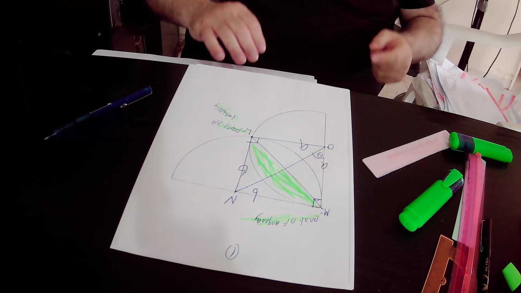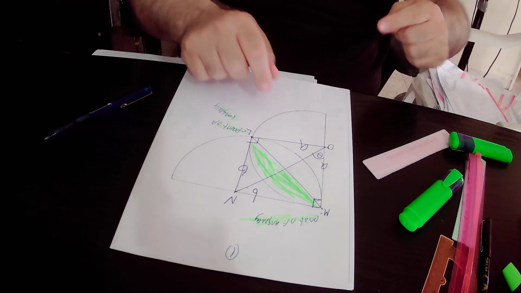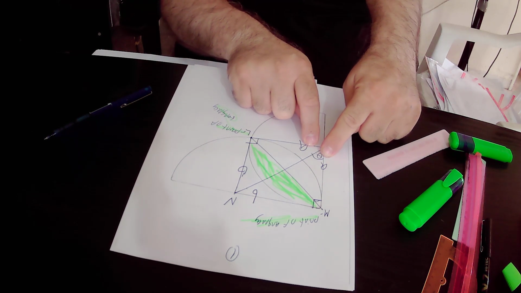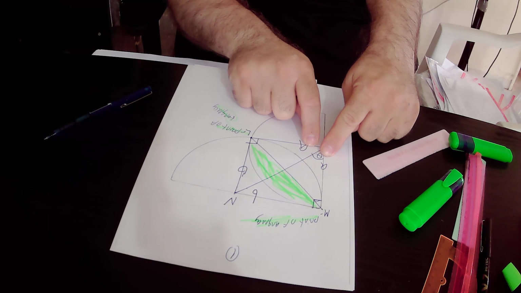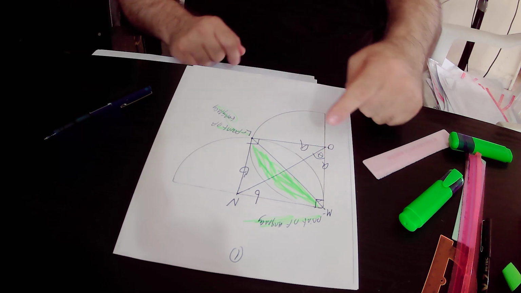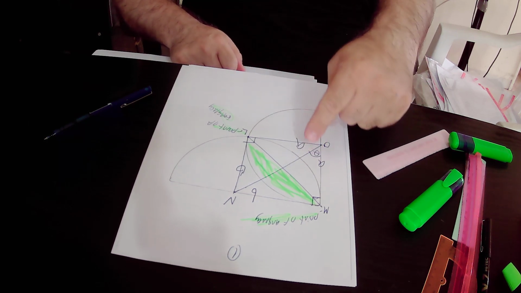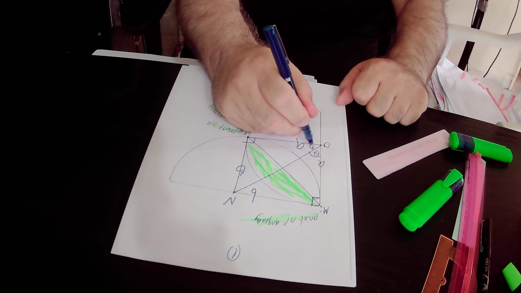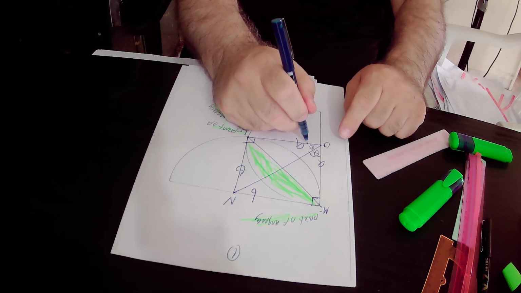And from the fact that those two triangles are congruent, we conclude that those two angles are equal to each other, according to the rule that corresponding angles in congruent triangles are equal. So if this angle equals theta, then this angle must also equal theta.